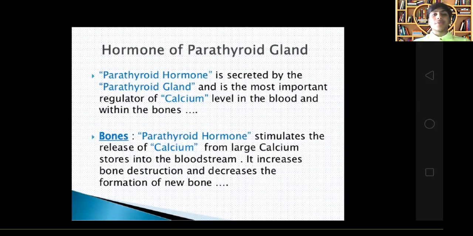These are the hormones of the parathyroid glands. The parathyroid gland maintains the blood calcium level. Second thing is bones. Parathyroid hormone stimulates the release of calcium from the large calcium store into the bloodstream. It increases bone resorption and decreases the formation of new bones.